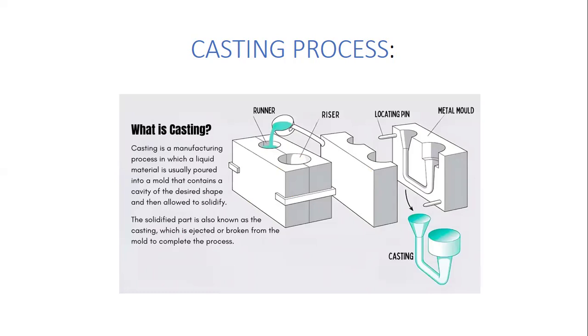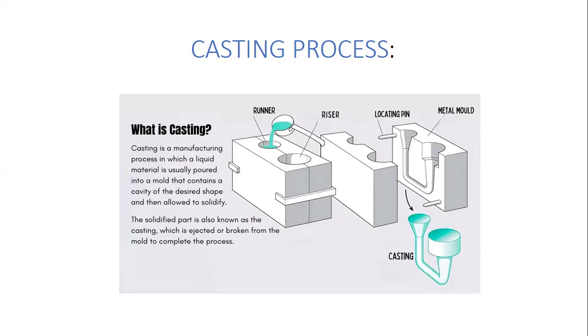In this process, the molten liquid metal is poured into the hollow cavity in order to produce the final expected shape of the product, by allowing the molten liquid metal to solidify inside the mold cavity for a short time period.